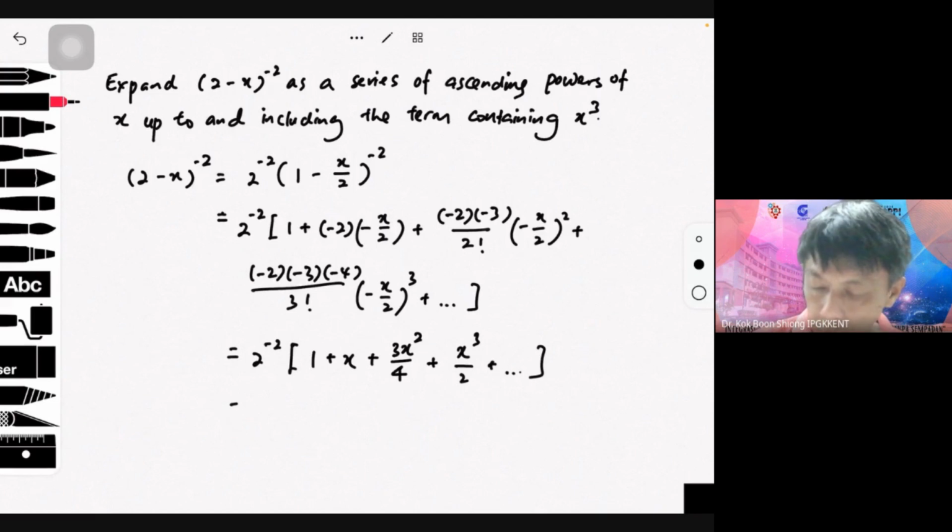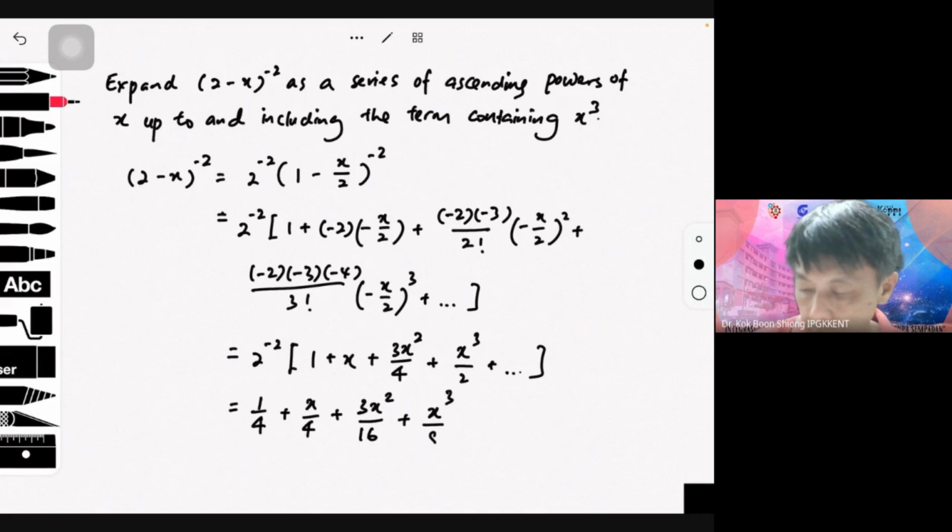So eventually we will have 1 over 4 plus x over 4 plus 3x squared over 16 plus x cubed over 8.